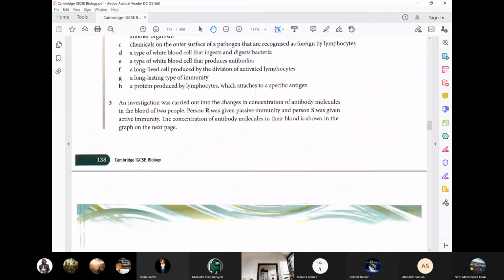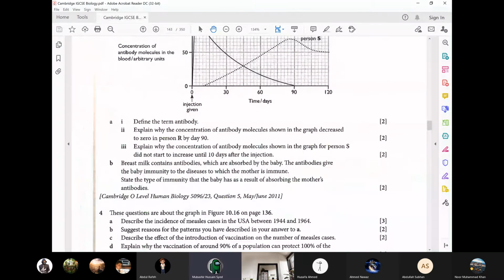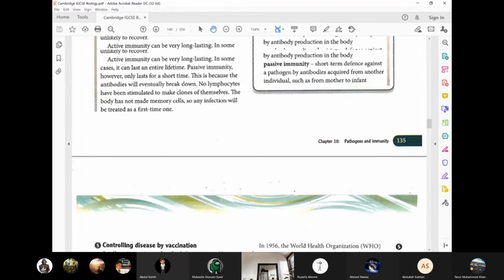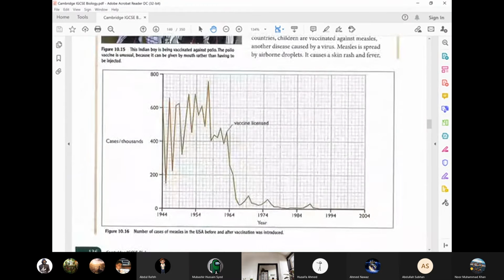Whatever you have described in part A, because it's written, suggest reasons for the patterns you have described in your answer to A. And in answer A, you discussed 1944 till 1964. So why are the numbers increasing and decreasing between 1944 and 1964?